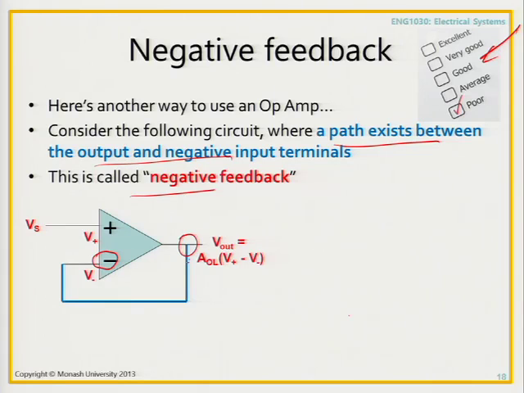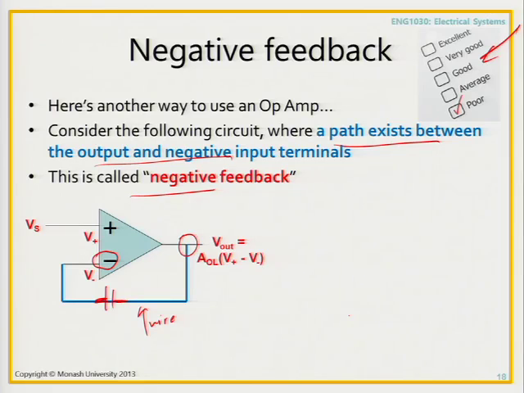Now, in this case, the path is actually just a single wire in this particular diagram, but that's not the only case. In this path, you could have resistors. That would still constitute a negative feedback path. You could have capacitors. That's the symbol for a capacitor. And that would still be a negative feedback path.